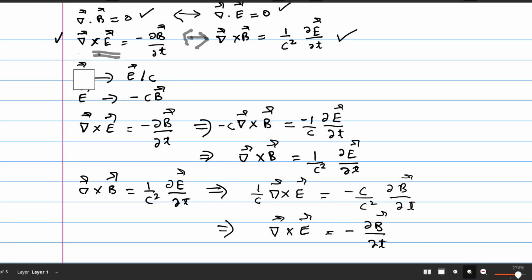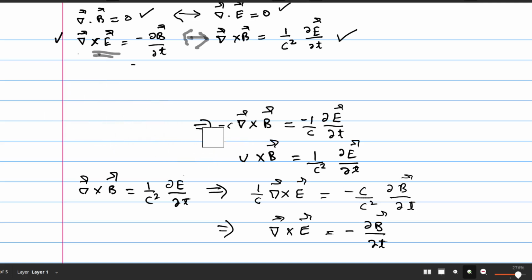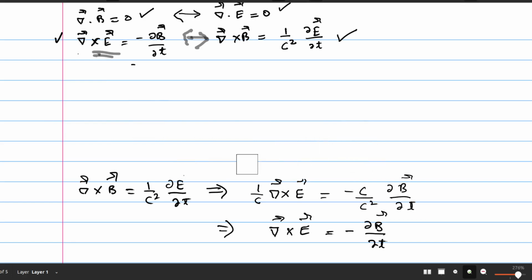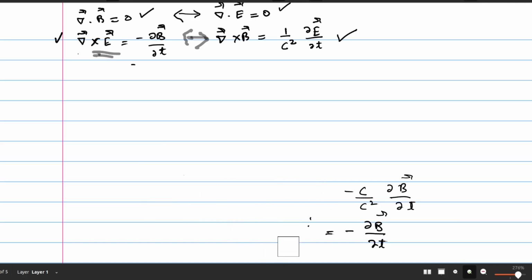Now suppose we have sources present, the current density is not equal to 0, and also the charge density is not equal to 0.